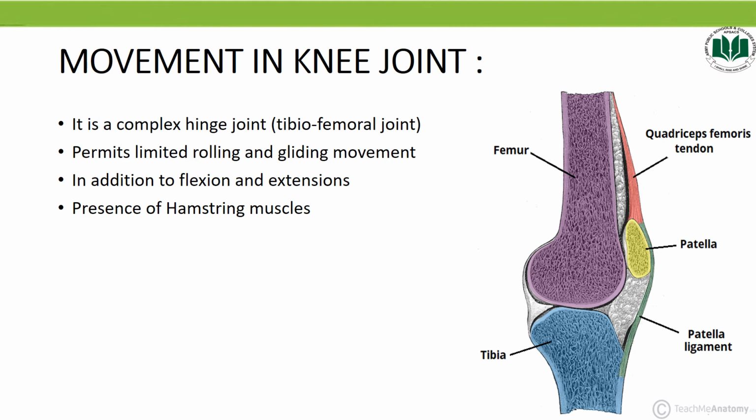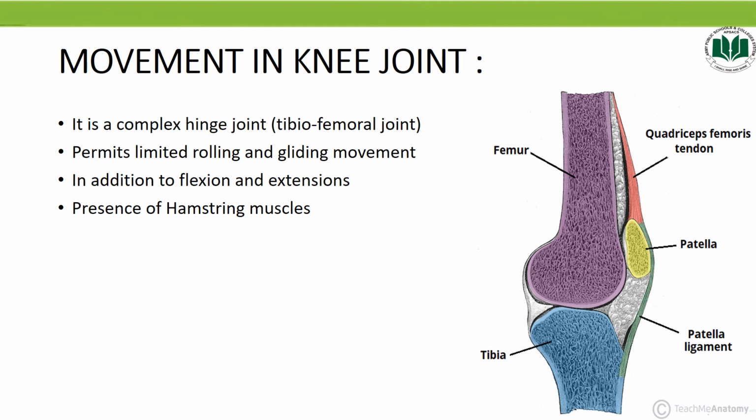The tibiofemoral joint is an articulation between the tibia and femur, as you can see in the diagram, while the patellofemoral joint is an articulation between the patella and the femur. So basically, because of the presence of two different types of articulation, they permit limited rolling and gliding movement.